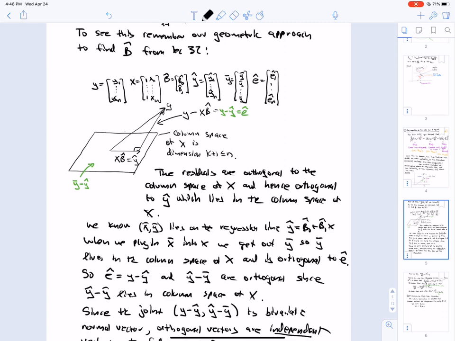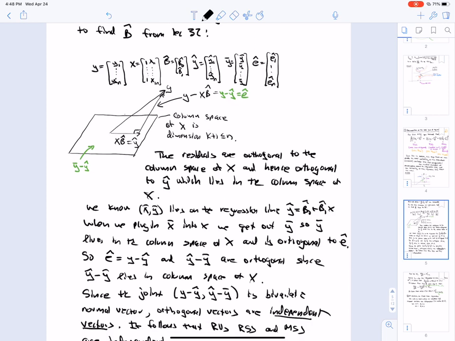Now we know that x bar, y bar lies on the regression line. When we plug x bar into x, we get out y hat. So y hat lives in the column space of x and is orthogonal to the residual. So what this means is that y hat minus y bar is orthogonal to the residual.